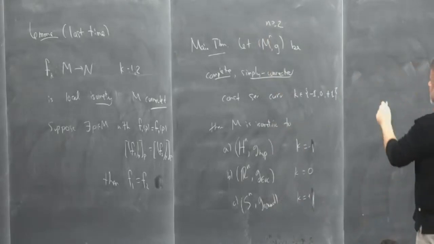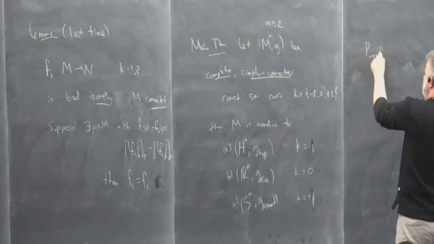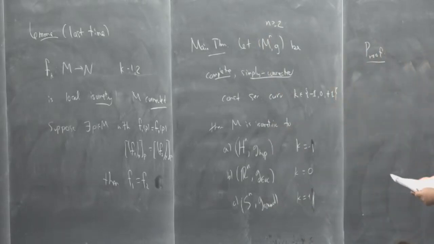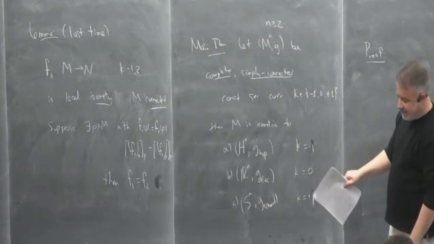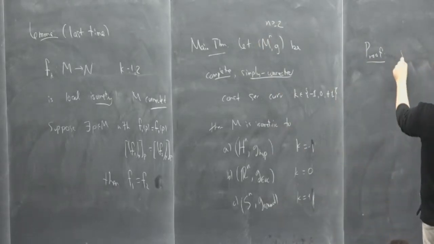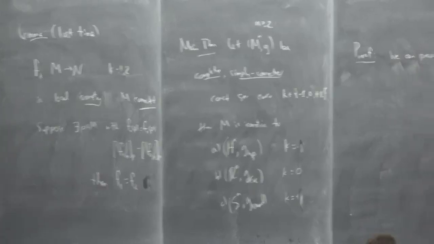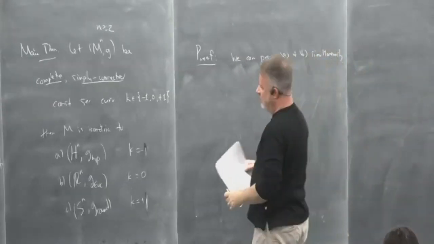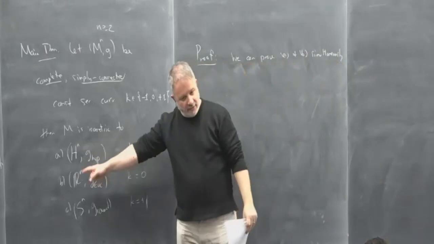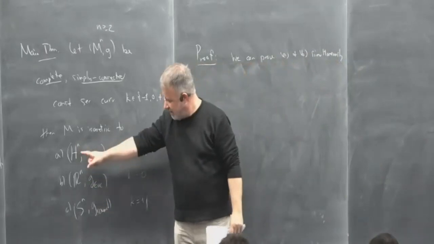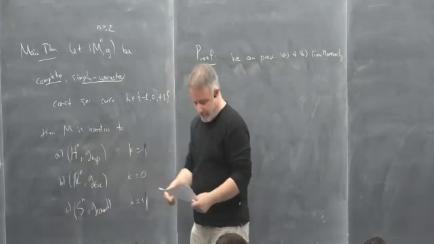Okay, so let's prove this. We'll use this lemma, and I think we'll also have to use the Cartan theorem from last week. We can do A and B at the same time. So we can prove A and B simultaneously. You can see why A and B are similar and C is different, because these guys are both non-compact and that's compact, but these spaces are diffeomorphic as manifolds.